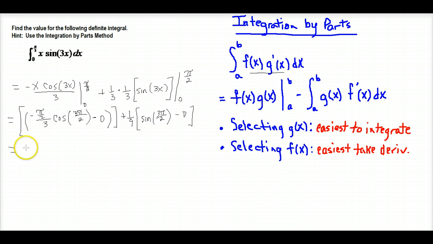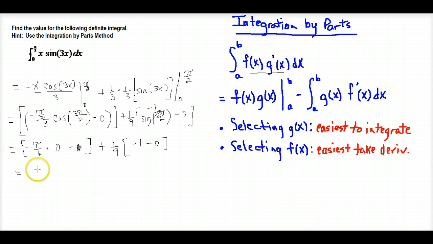So cleaning this up, this would be minus pi over 6 times cosine of 3 pi over 2, which here would just end up being 0, minus 0. Again, that is a 0, plus 1/9. Sine of 3 pi over 2 is just a -1. So that would be -1 minus 0 there.